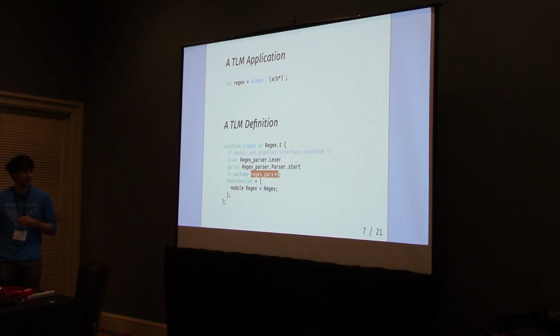It's much simpler. Now these dependencies here are not the runtime dependencies of the TLM while it's compiling your abstract syntax tree, but they are the dependencies that the expression that it generates can use. So the expansion of a given TLM application can use these dependencies, which is nice because we know that it can't use other dependencies. But it also becomes important in the implementation later, which I'll discuss.